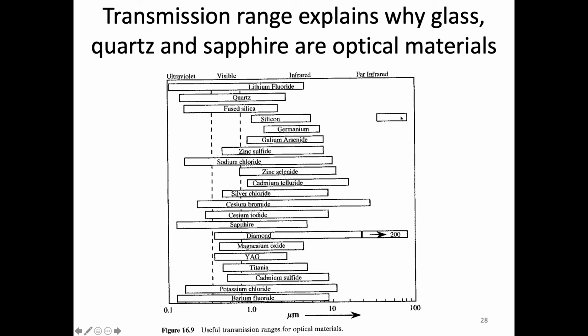And also, there's another part that has transparency here in the far infrared, but you can see that there's a gap, and so that's also common as well. And you can see that diamond down here is transparent in the visible spectrum and has a very wide range of transparency. So diamond's a very good transparent material because of this range. And so that's what this kind of shows us, is where we have transparency.